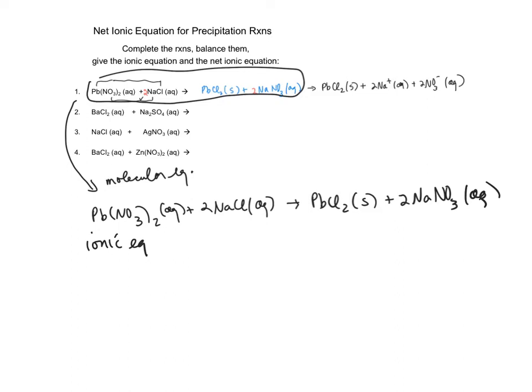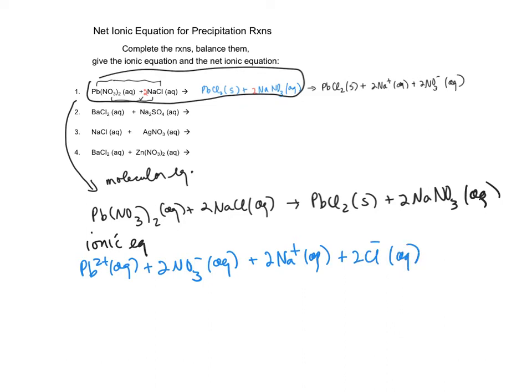And this is, if it's aqueous, you can break it up. So it's going to be lead 2 plus aqueous plus 2 nitrate aqueous plus 2 sodium aqueous plus 2 chloride aqueous forms lead chloride solid.